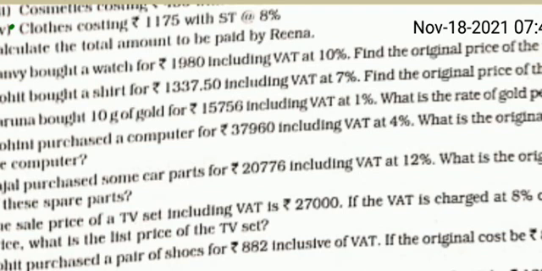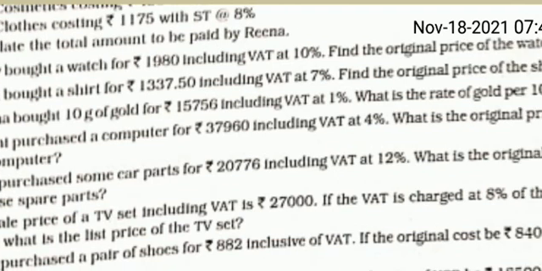First of all, you have to find out the amount of VAT in rupees, and after getting the VAT, you have to subtract it from 1337.50. You will get the required answer. But mind it, when you solve it, you have to write in proper statement.